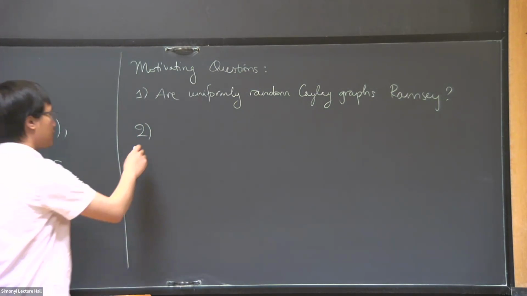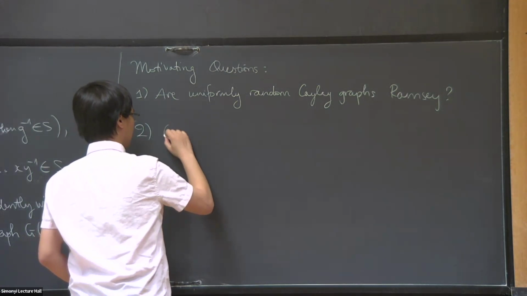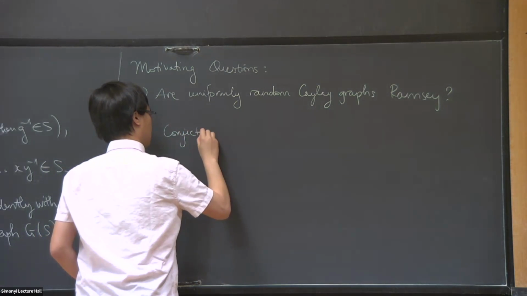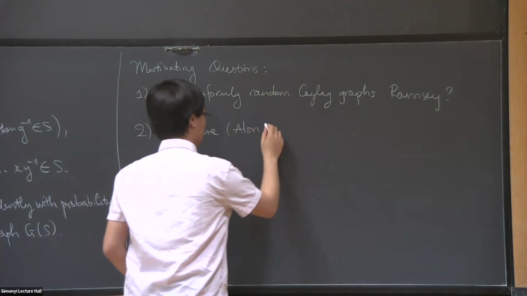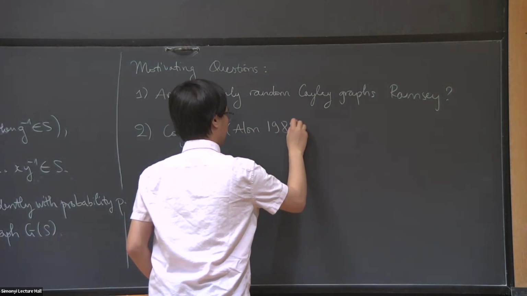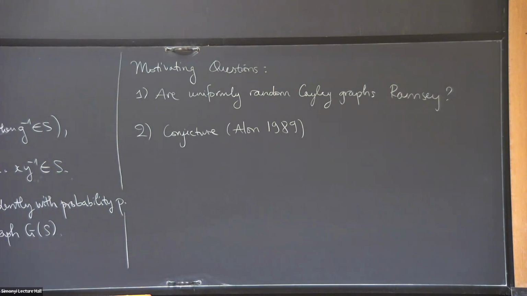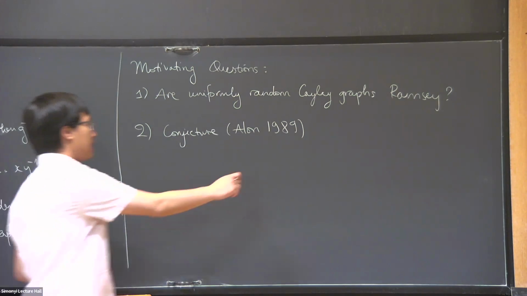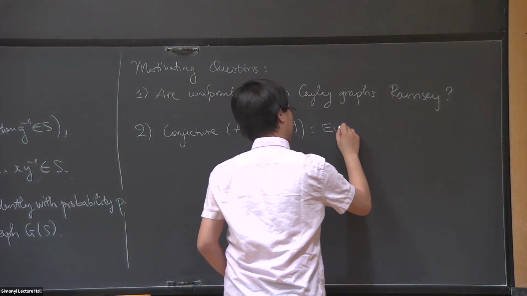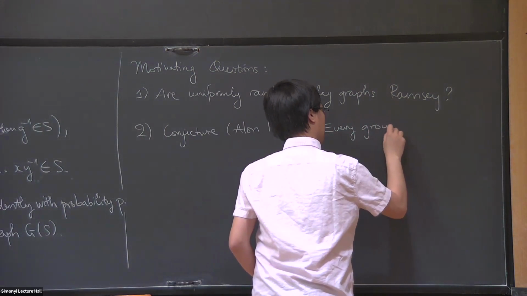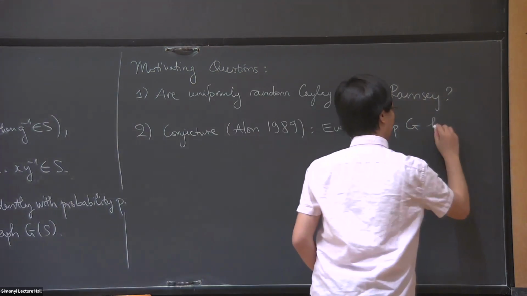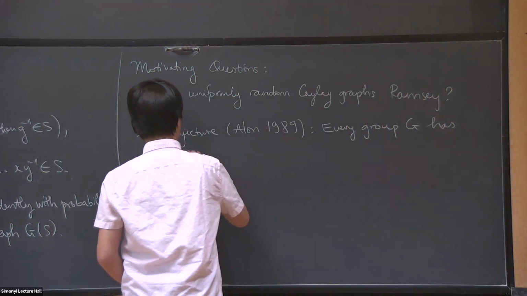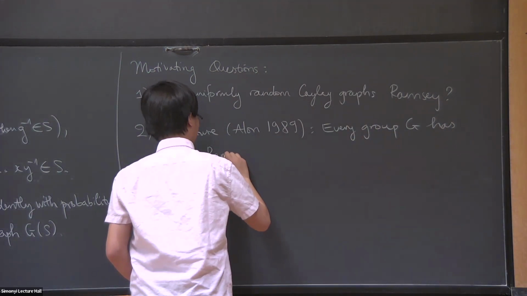The second question is a conjecture of Alon from '89. And he conjectures that every finite group G has a Ramsey Cayley graph.